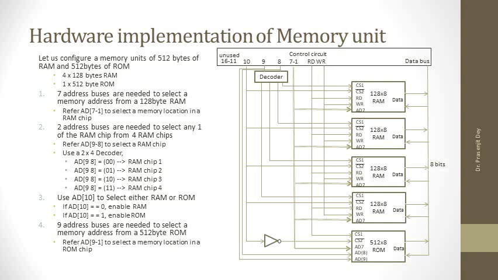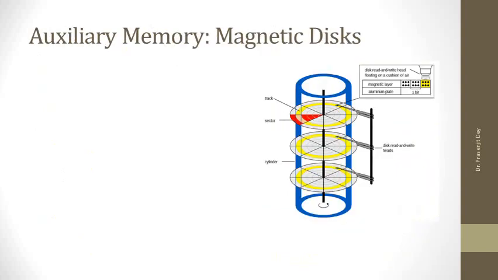Similarly, you can see there are eight data buses via which all the RAM or ROM chips will send information. And in this picture you can see address lines 11 to 16 are unused here.